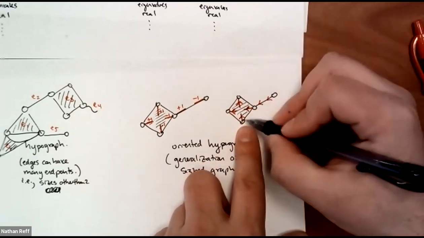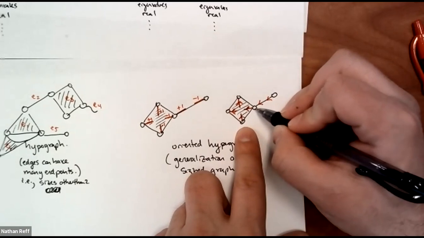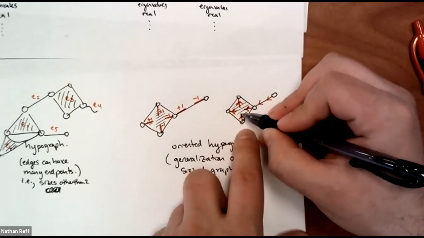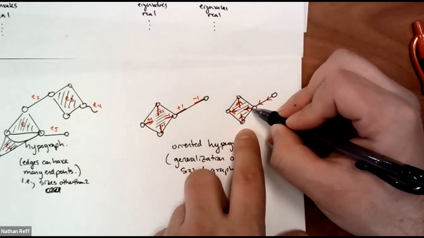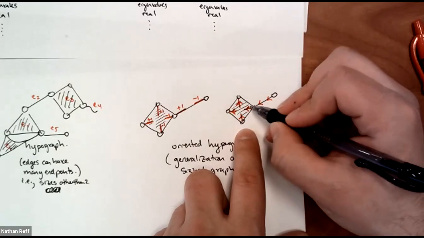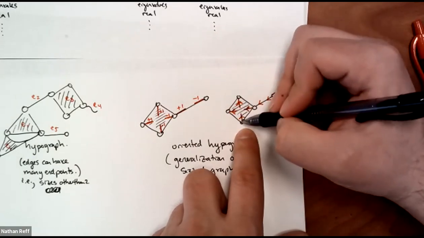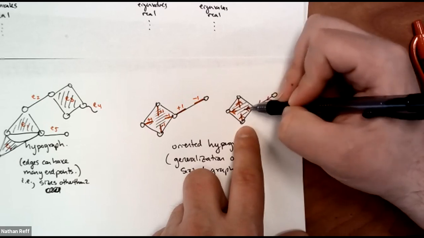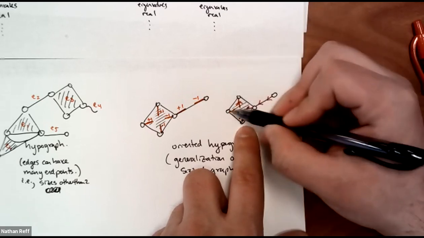But this one, if I tried to go from this vertex to this vertex or vice versa, do you see that they're sort of in conflict with each other? Like I'm flowing out and then I have to flow against the current. So we would say that this adjacency is a -1, okay? Between these two, that's a plus. You see that? And this is a plus, and this is a plus. Okay, and then this is a minus.